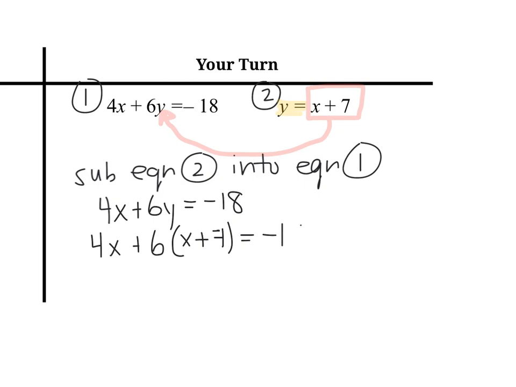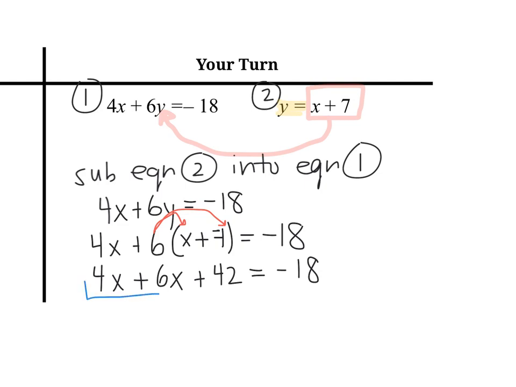And that is equal to negative 18. So now I am going to distribute. So that's going to give me 4x plus 6x plus 42. 6 times 7 is 42. And that's still equal to negative 18.